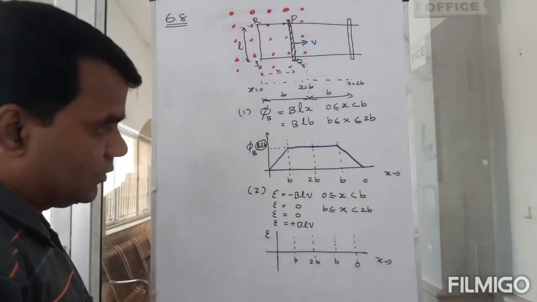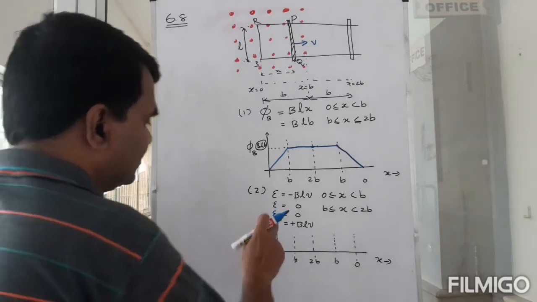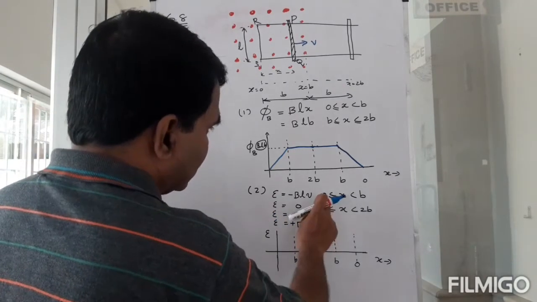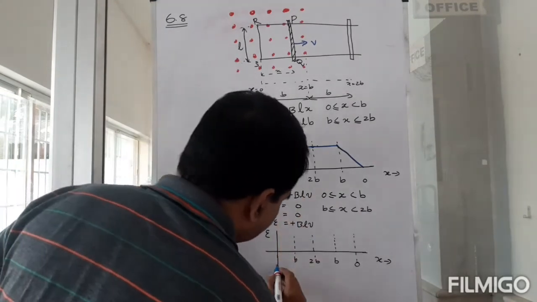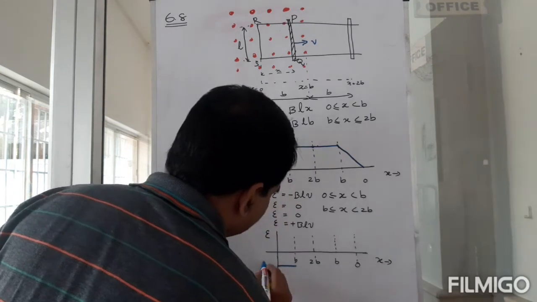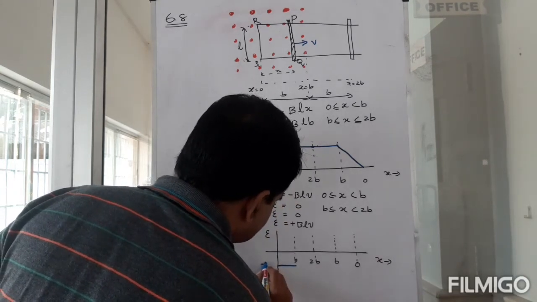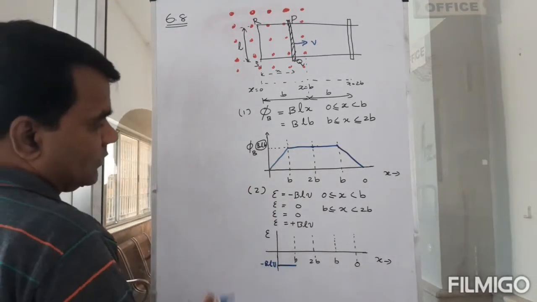So those are the 4 parts. From 0 to B, as I move away, I am going to have a negative constant. So it's going to be minus BLV.